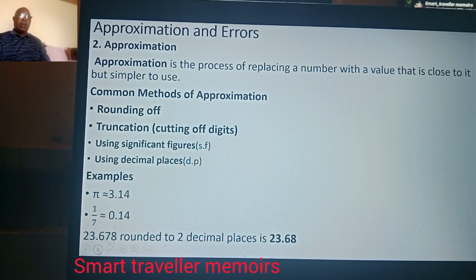For example, pi is approximately 3.14 to 2 decimal places. 1/7 is equal to 0.14 to 2 decimal places. 23.678 rounded to 2 decimal places is 23.68.